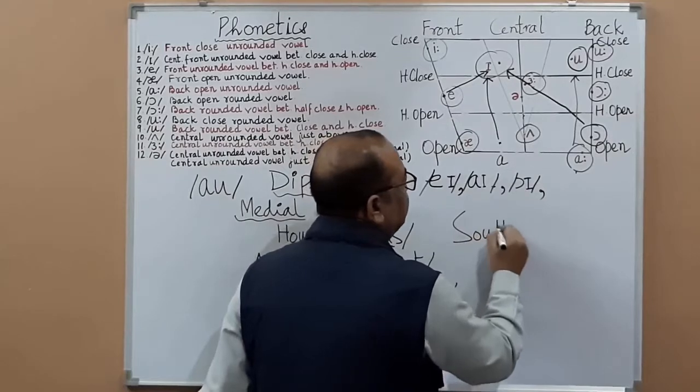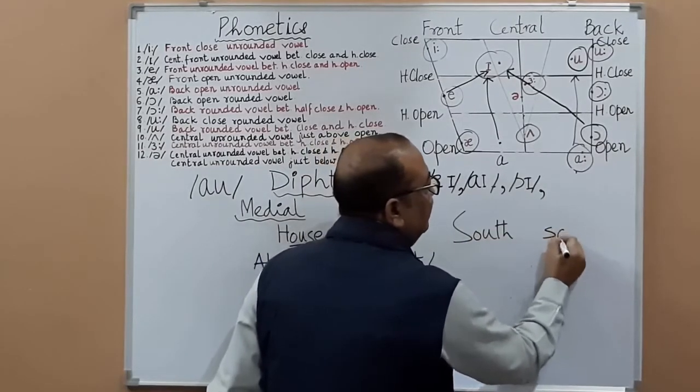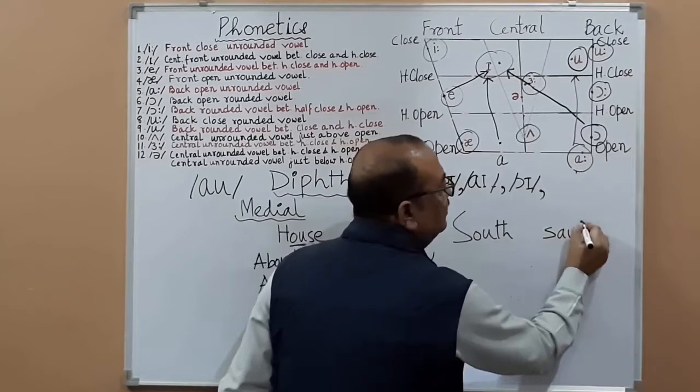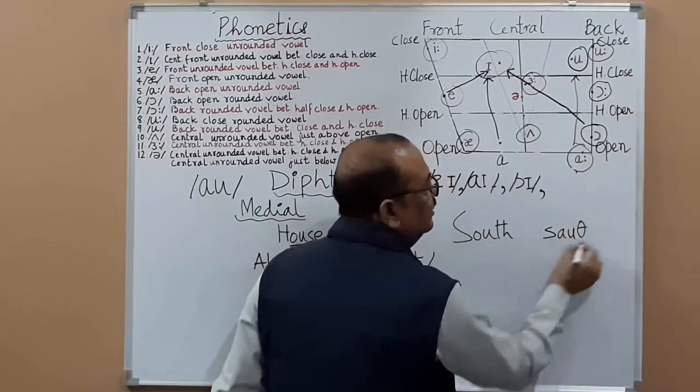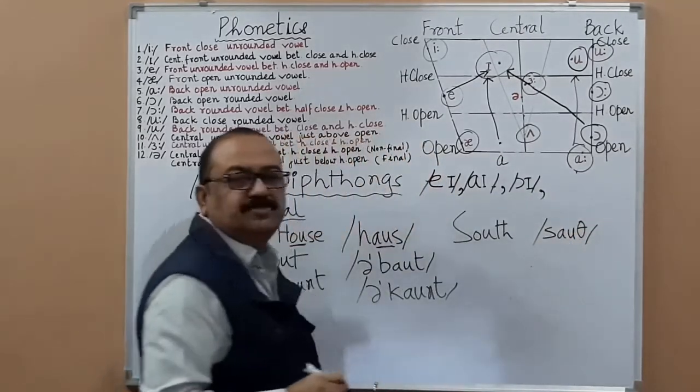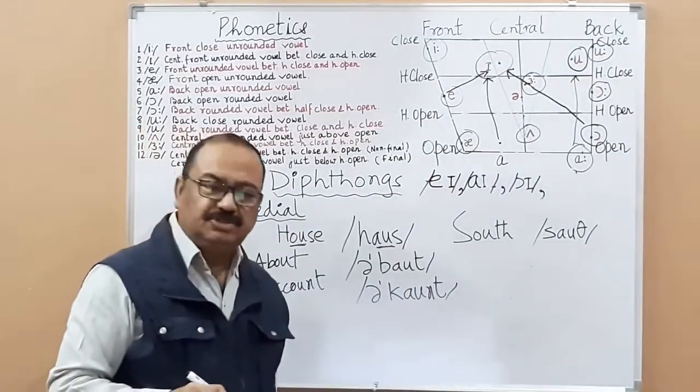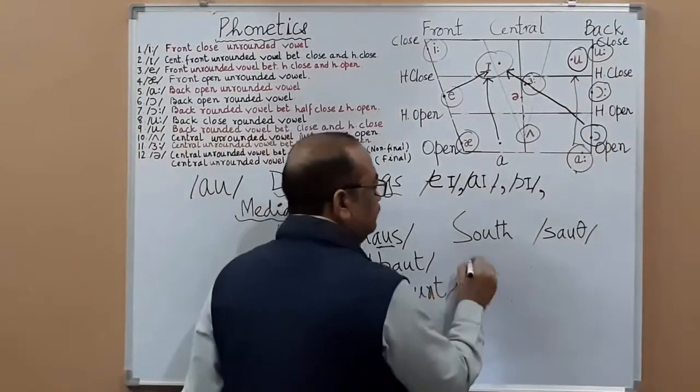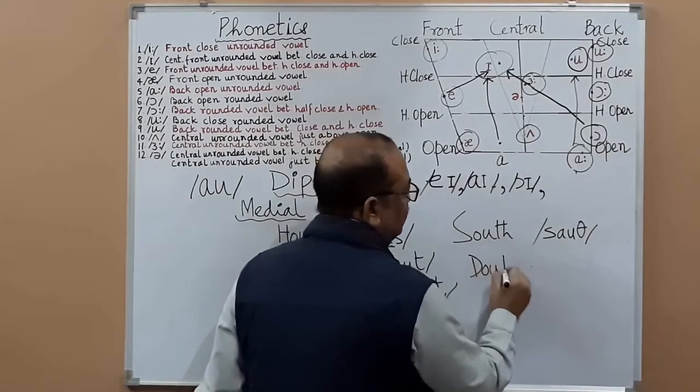South you write like this. So you write sau, and then th. Okay, th you make like this. South. Doubt. Doubt, okay, good. D-O-U-B-T.